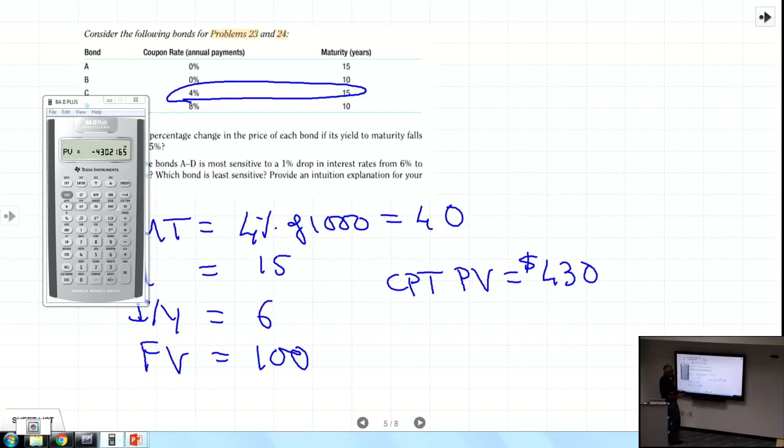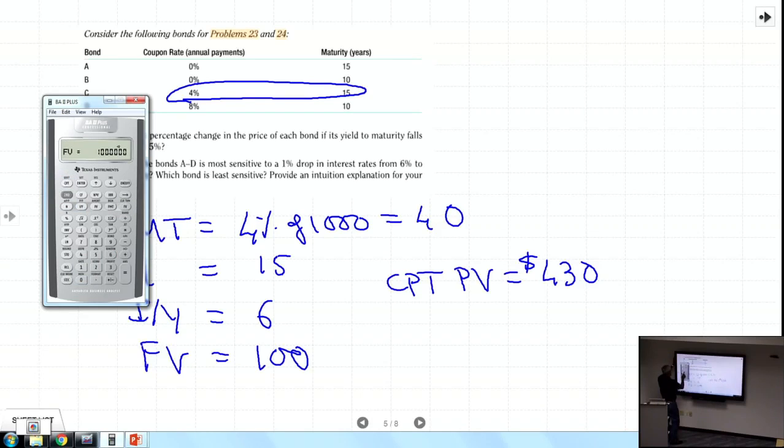Something is wrong with this number. So let's try it again. Second clear TVM, maybe something did not get cleared properly. So 40 is payment, 15 is N, 6 is IY, 100 is future value.